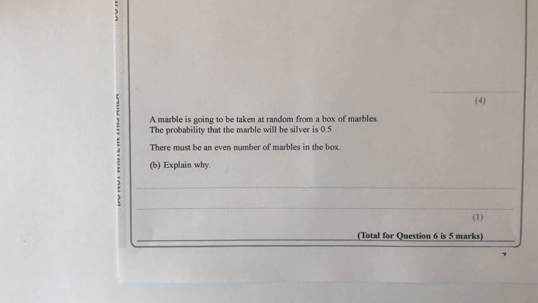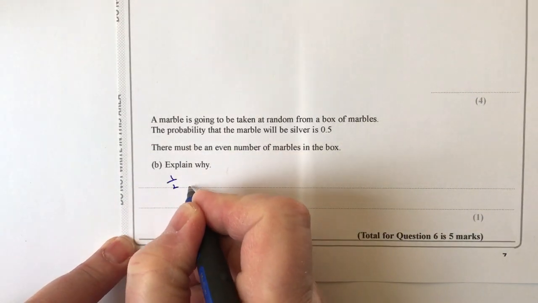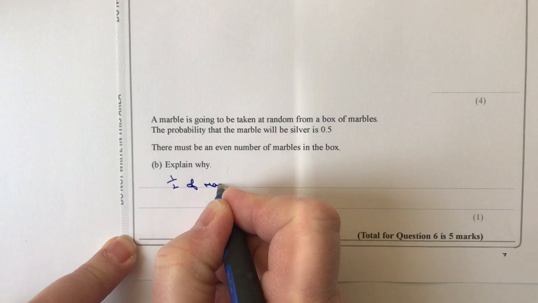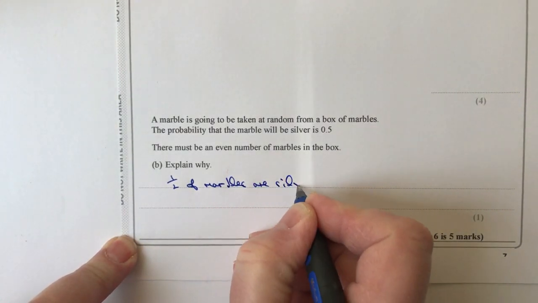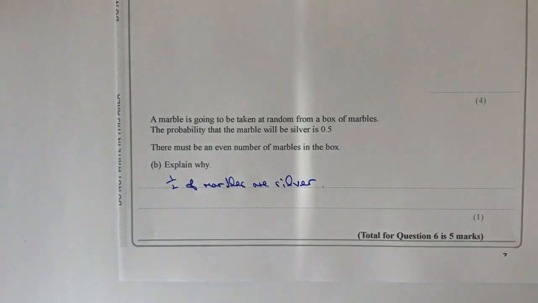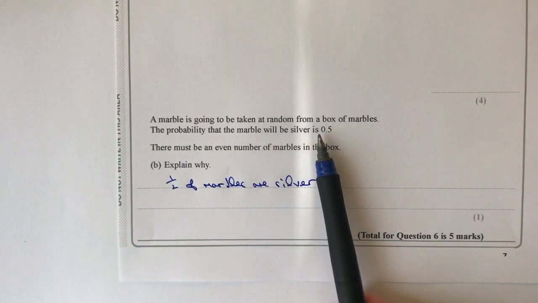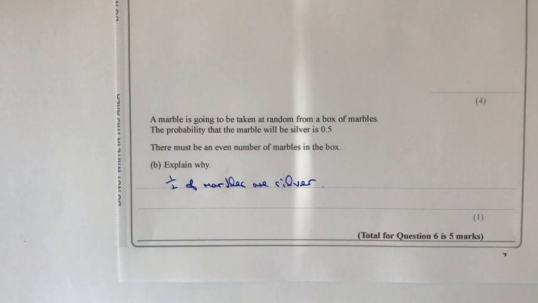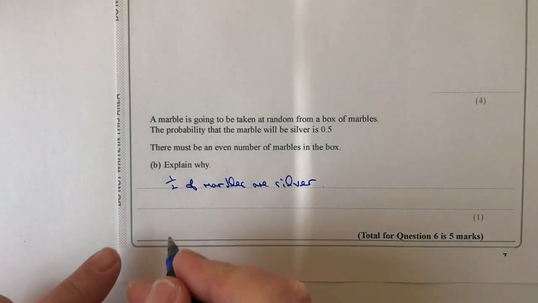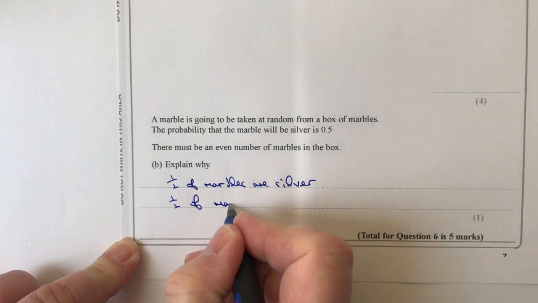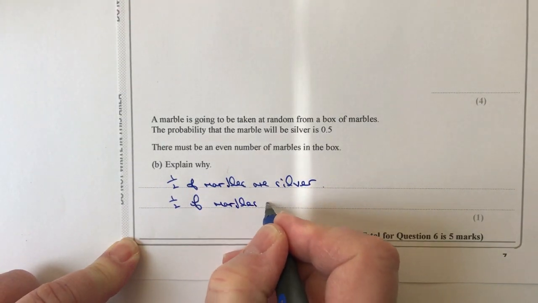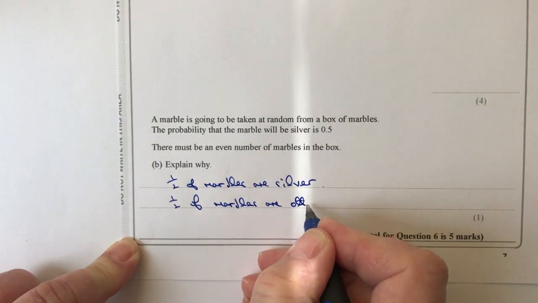What we're basically saying is that half of the marbles are silver. That's when it says the probability that the marble will be silver is 0.5. So that must mean that half of the marbles are other colours.